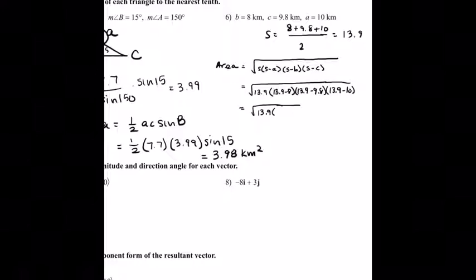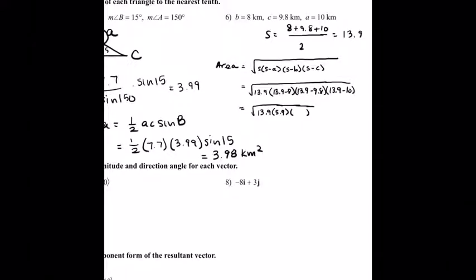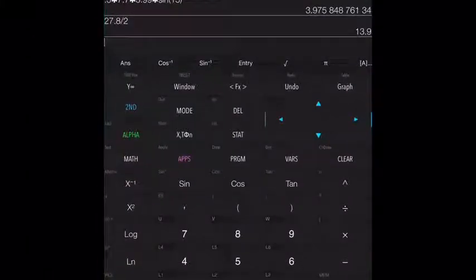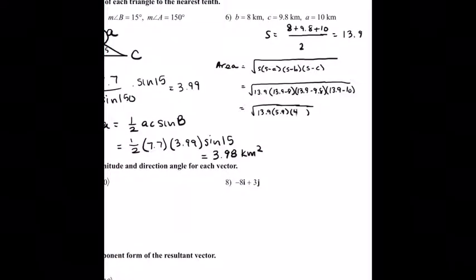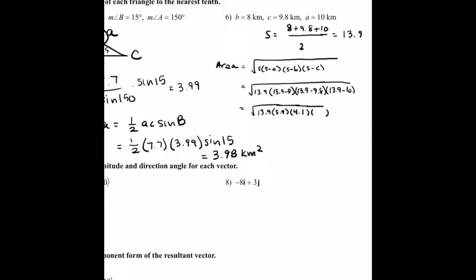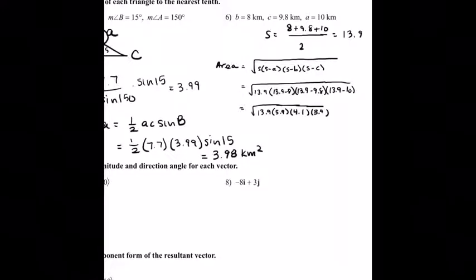So 13.9 subtract 8, 5.9. 13.9 minus 9.8 is 4.1. And 13.9 minus 10 is 3.9.